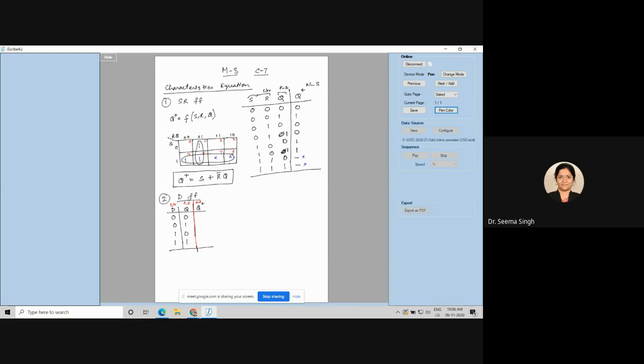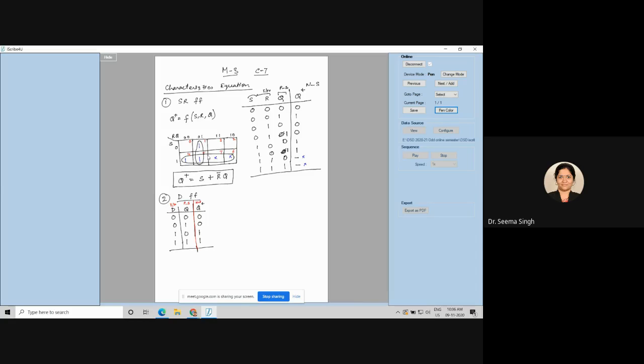When output becomes equal to input, Q plus is equal to D. So your output simply follows your D. So the full truth table will look like Q plus is equal to D, and your present state does not matter.